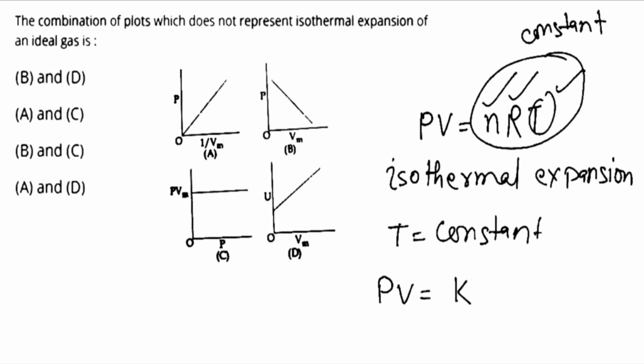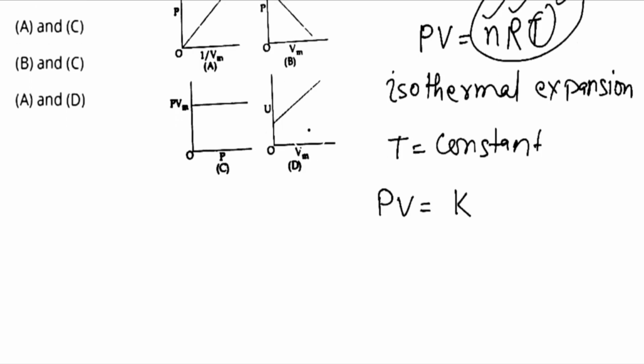Okay, so if we talk about the first graph, we can write it this way also, P equals K by V. And if you imagine the equation of a straight line, that is y equals mx plus c, here m represents the slope.